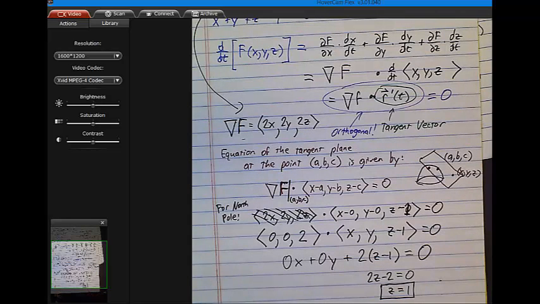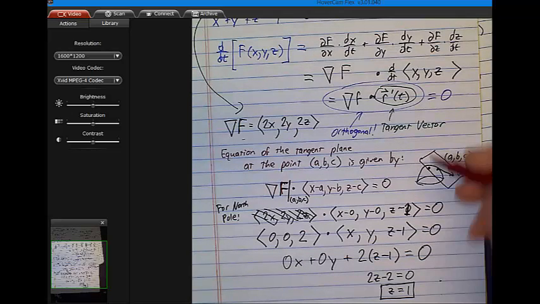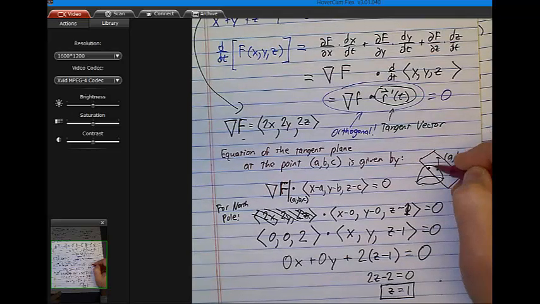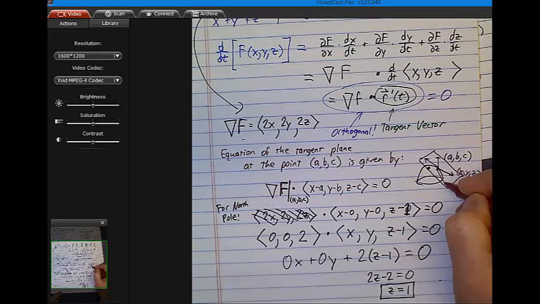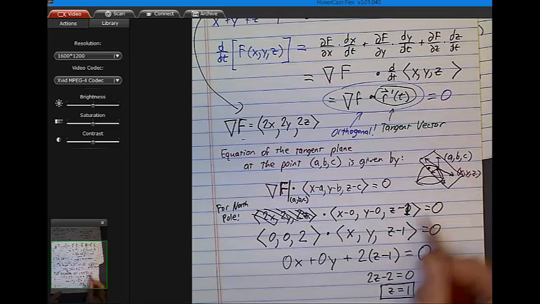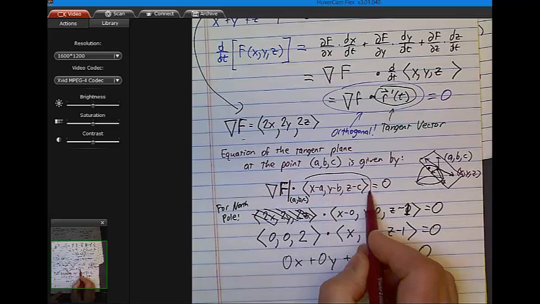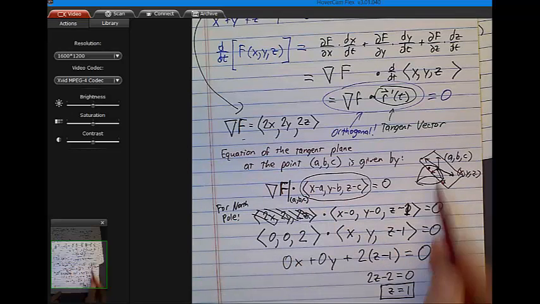And so when I write this vector, x minus a, y minus b, z minus c, what is that? That's the vector starting at a, b, c and pointed to some random point on the tangent plane, right? Or this one, or that one. All of these vectors could be represented in this way because ABC is a point on the plane.